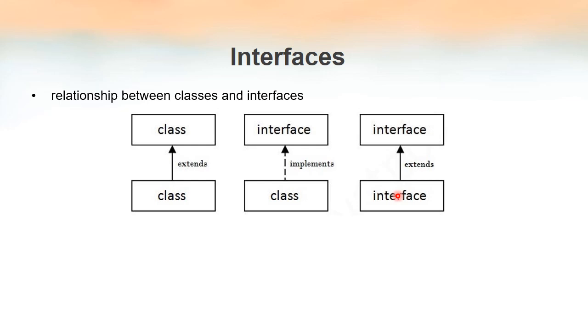So the relation between two interfaces can be inheritance. We have also seen that one interface can extend multiple interfaces at a time. That is, there is no limit on the number of interfaces one interface can extend. So multiple inheritance is possible in terms of interfaces, but it's not possible between classes in Java.